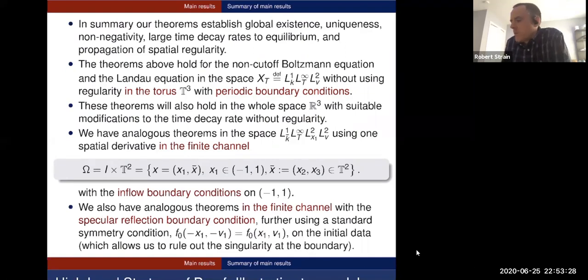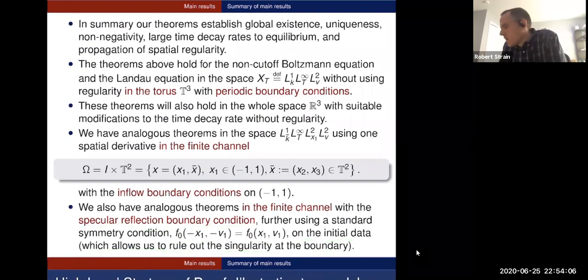For some one-dimensional boundary conditions, for example, if you assume the inflow boundary condition on a finite channel, where in the x1 variable you have a finite channel and you allow inflow boundary conditions, and also if you do one-dimensional specular reflection boundary condition and you assume a symmetry condition that rules out singularities, then you can have a global perturbative solution.